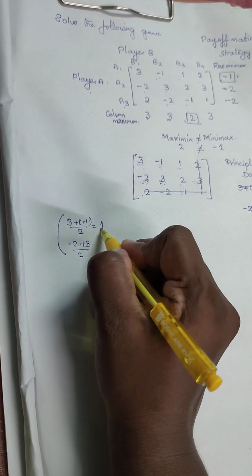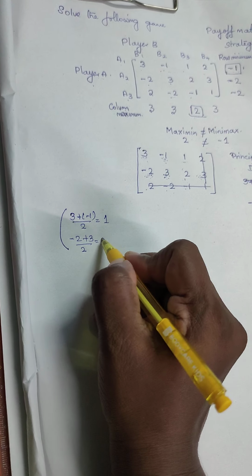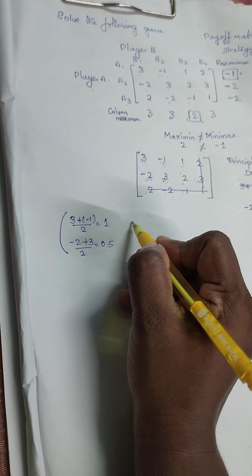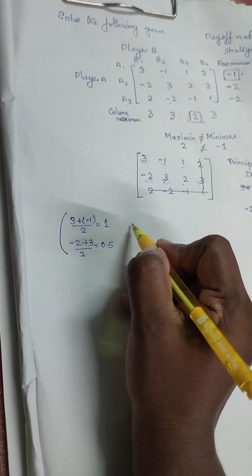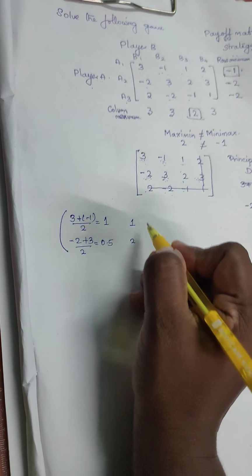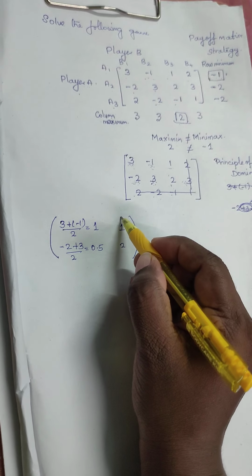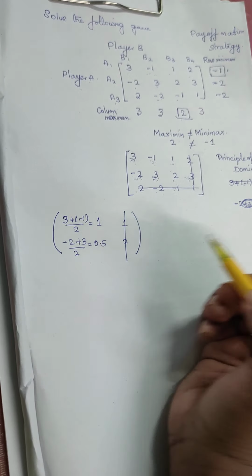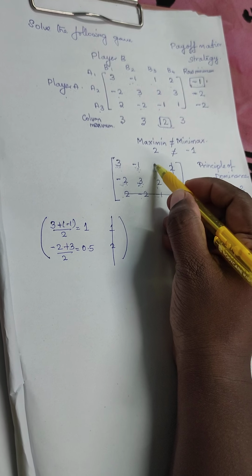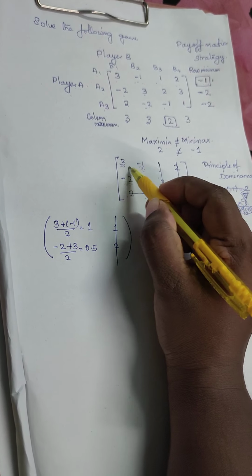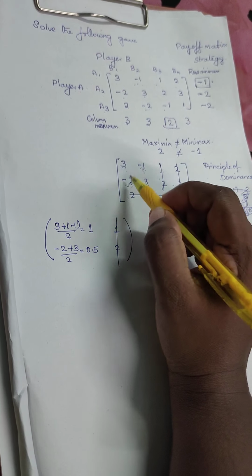This will be 1 and this will be 0.5 as compared to 1 and 2. So I'm comparing the linear combination. This is greater, so we cut off this. Here you cut off this and you keep the others.